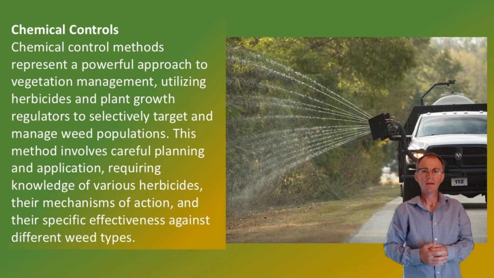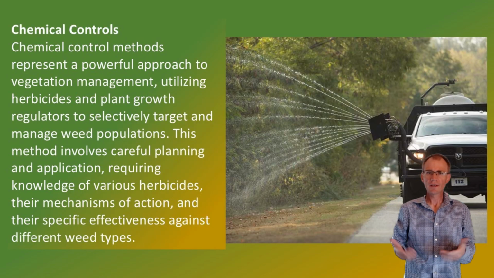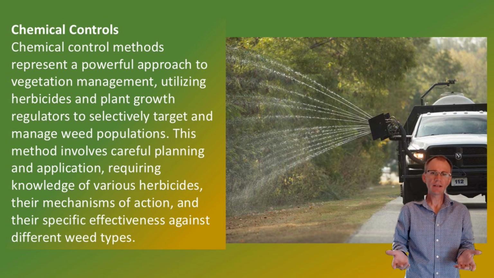Chemical controls. Chemical control methods represent a powerful approach to vegetation management, utilizing herbicides and plant growth regulators to selectively target and manage weed populations. This method involves careful planning and application, requiring knowledge of various herbicides, their mechanisms of action, and their specific effectiveness against different weeds.